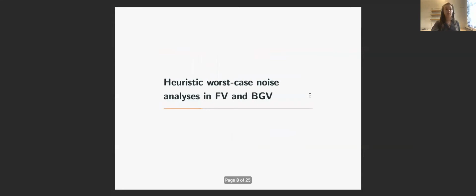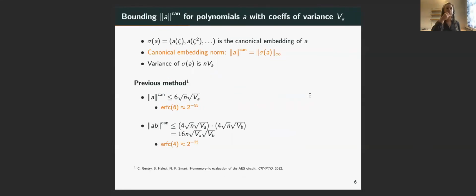Okay, so let's move on to the heuristic worst case noise analysis in these two schemes. So we look at the canonical embedding norm. The canonical embedding of a polynomial is simply the evaluations of that polynomial at all the primitive roots of unity, and then we take the infinity norm of the canonical embedding of the polynomial, which is called the canonical embedding norm.